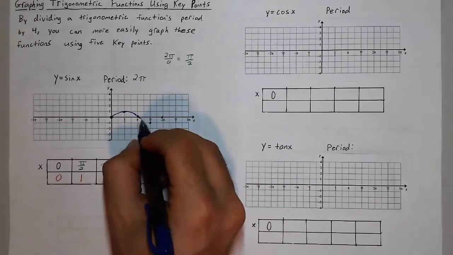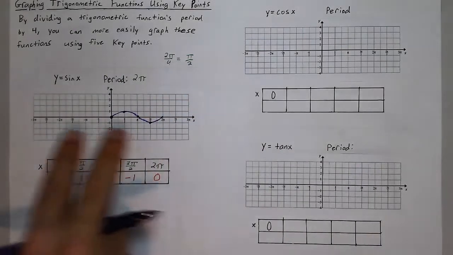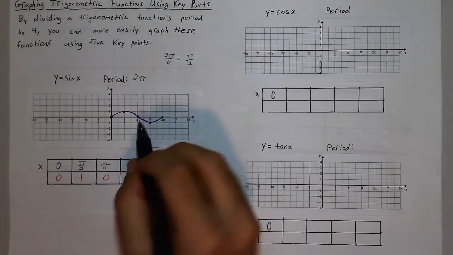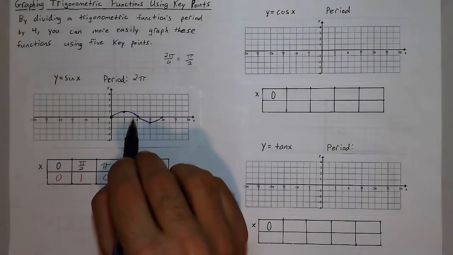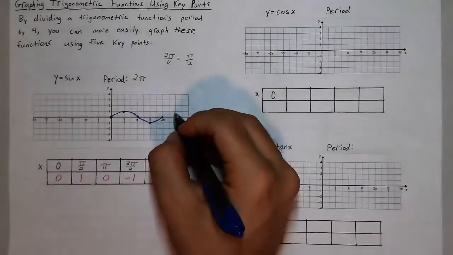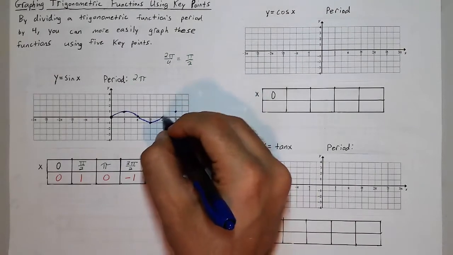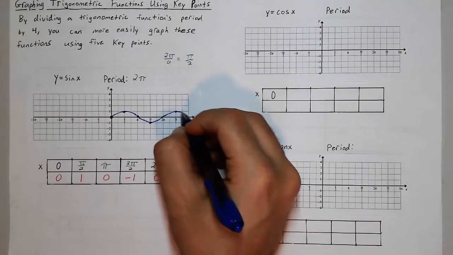It's a very quick process, which makes graphing multiple periods of this a lot easier, because now I can follow that same pattern. I went from 0 to 1 to 0 to negative 1 to 0. Now that 0 should go to 1, and then back to 0, to fill out the graph.